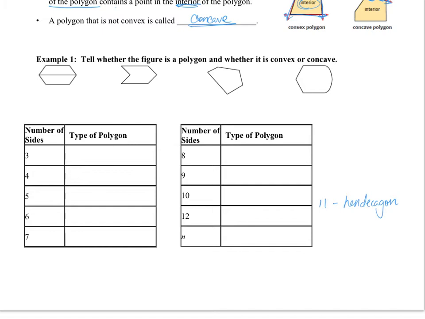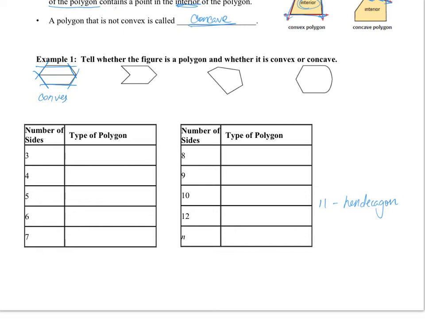Example 1. Tell whether the figure is a polygon and whether it is convex or concave. So for the first one here, I would say it's convex, because if you draw a line through all the sides, it will not intersect any parts of the interior of the figure.